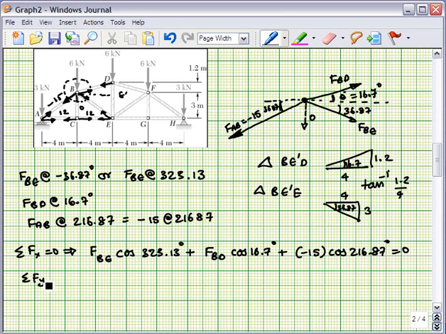Then the sum of all the forces in the y direction equal to 0 gives me FBE sine 323.13 plus FBD sine 16.7 degrees plus minus 15 sine 216.87 degrees must be equal to 0. So if you calculate these things, you should solve these two things.